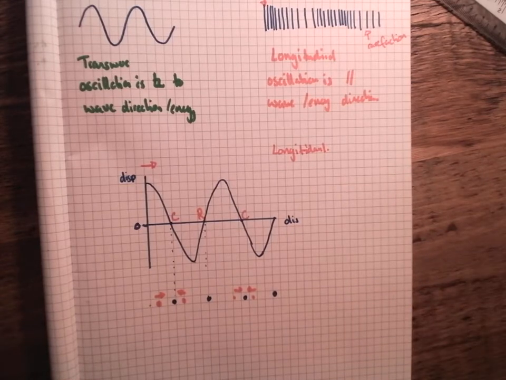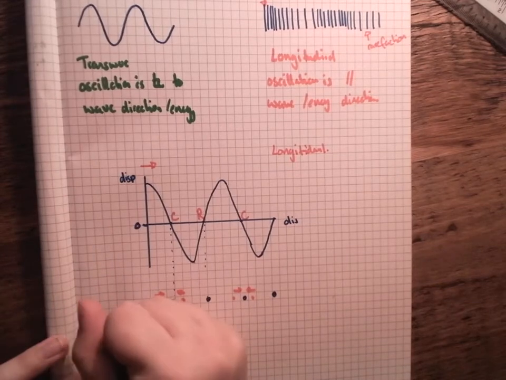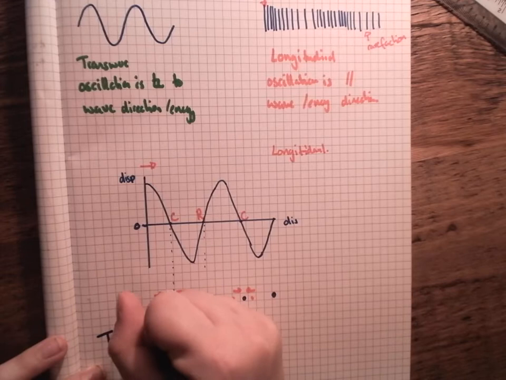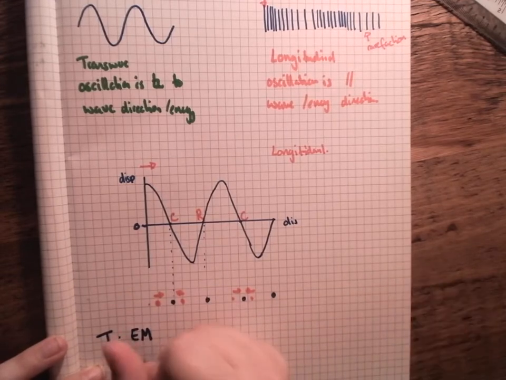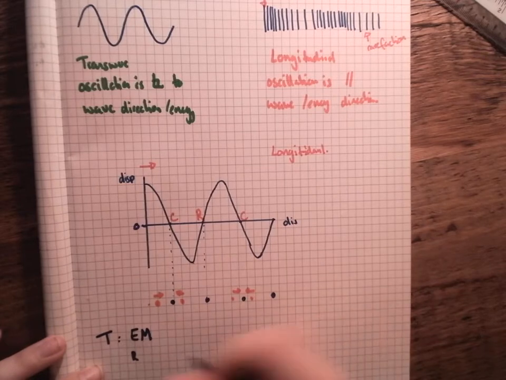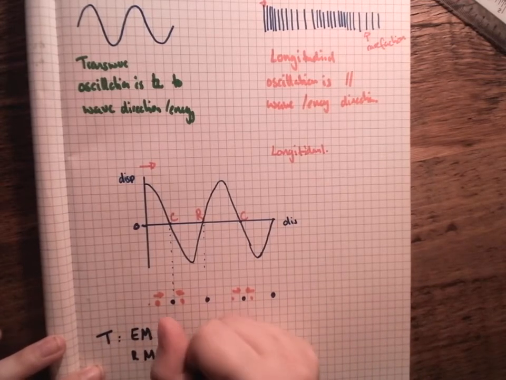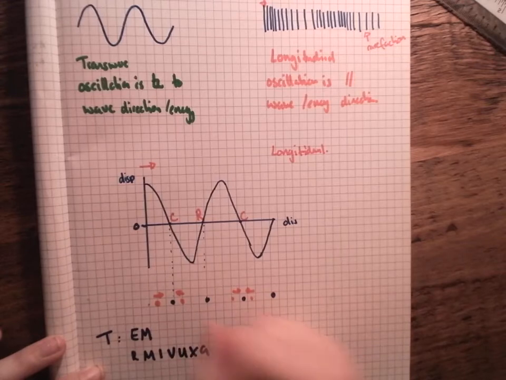The last thing I forgot to mention before is the examples of transverse waves. Transverse waves include all the electromagnetic waves: radio waves, microwaves, infrared, visible light, ultraviolet, X-rays and gamma rays.